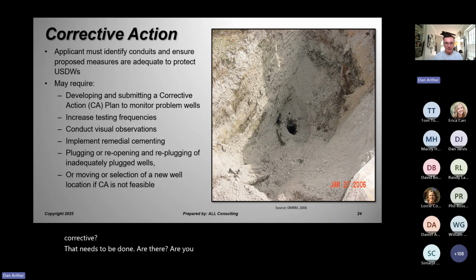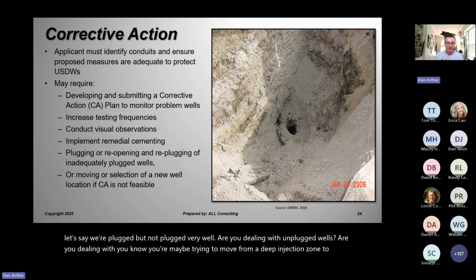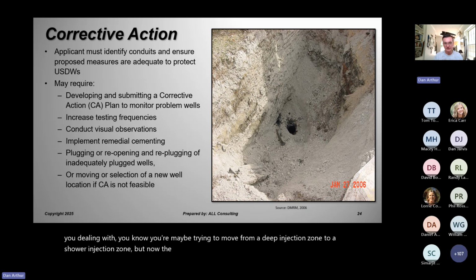Are you dealing with wells in the area of review that, let's say, were plugged, but not plugged very well? Are you dealing with unplugged wells? Maybe you're trying to move from a deep injection zone to a shallower injection zone, but now the producing wells aren't cemented through that zone. There could be any number of different things that could be an issue.